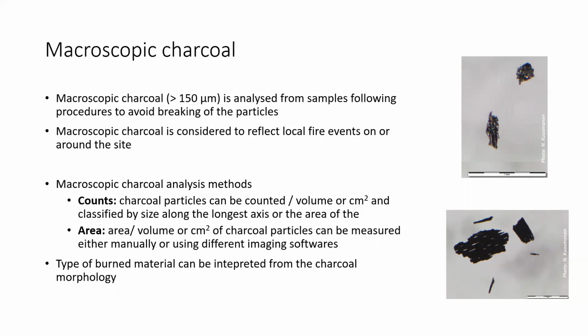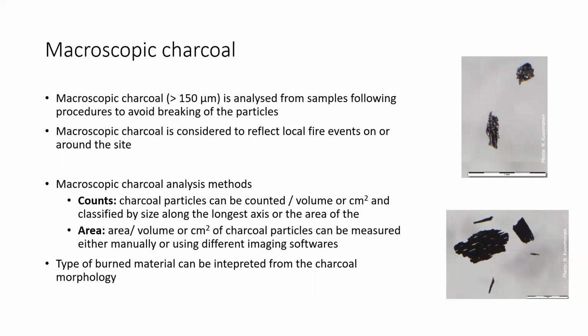And when analyzed by counts or area, the charcoal particles can be classified by size. For example, when measuring the charcoal particles, if there are particles over 1 millimeter in size, it's very probable that it's from a local fire.